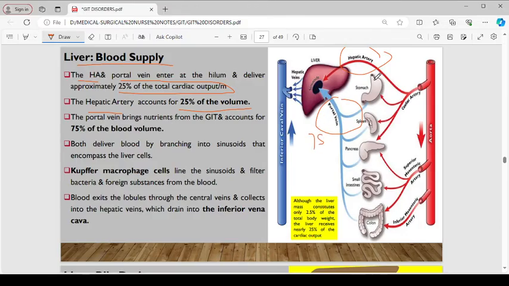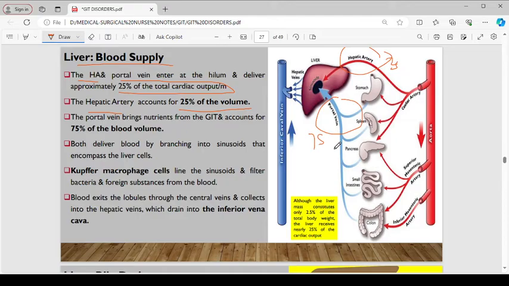Remember, the hepatic artery is a direct branch from the celiac artery, right? But the portal vein has to drain this other part, right?